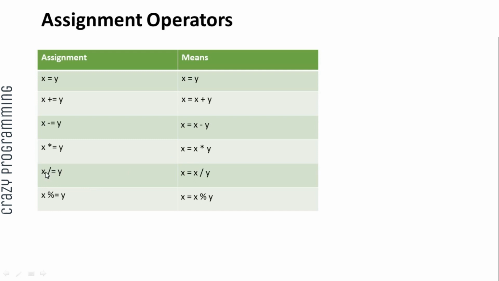So using this we can do any kind of operations in PHP. It's very simple to use, and it is very important to understand each and every operation, and where we are going to use these operations.